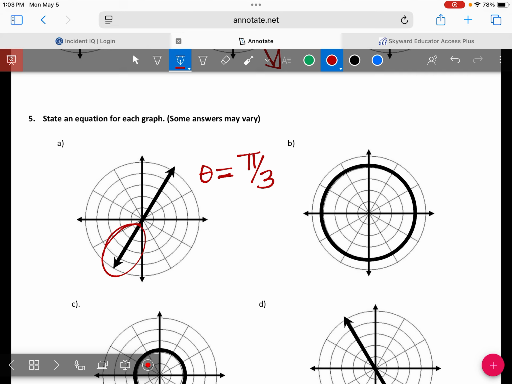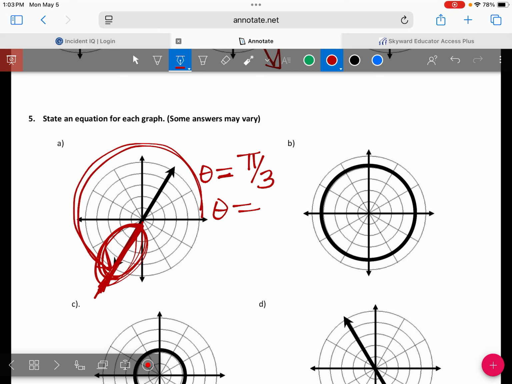Now this part could also be, now what would this be? Because we could also use this piece. So that would be theta equals what? I'm still going this direction. But if I'm going this direction, what would this angle be? Yep, it would be 4 pi over 3.